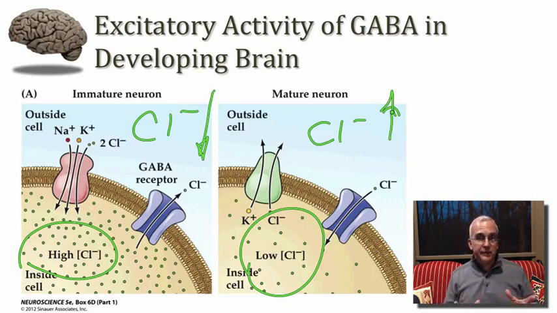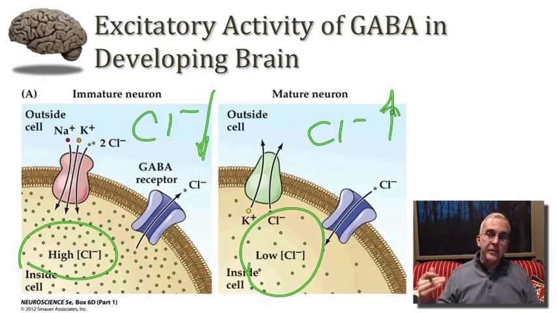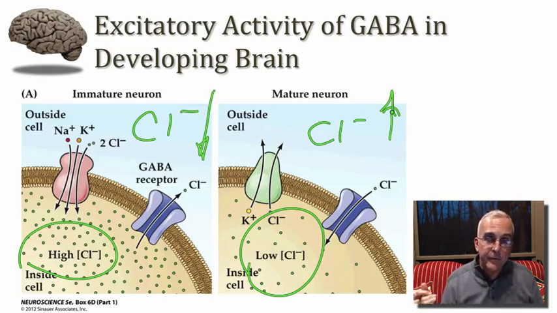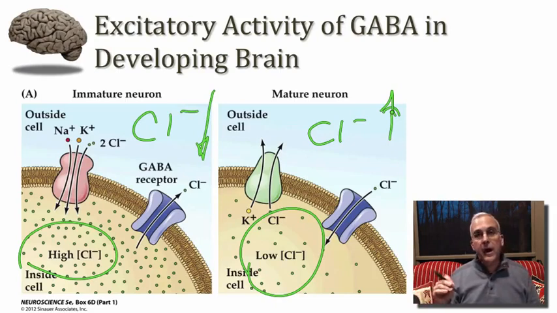And this has a very predictable impact on the reversal potential of the GABA A channel conductance. The reversal potential in the immature neuron is above firing threshold for most neurons, whereas following the reversal of that gradient, as neurons get older and more mature, the reversal potential for this concentration gradient of chloride now falls below threshold.